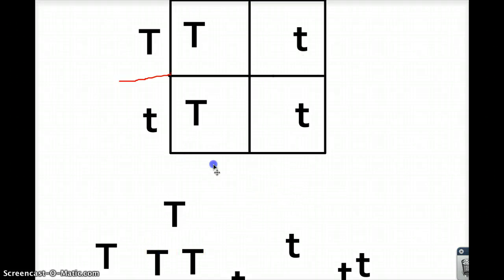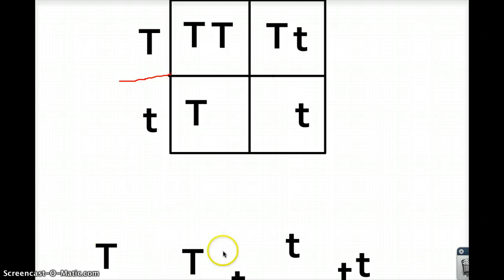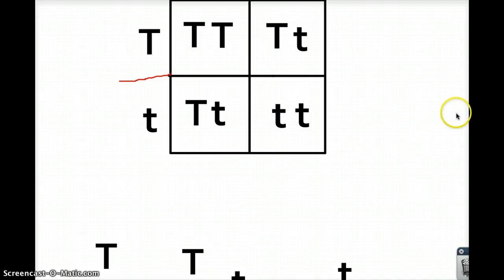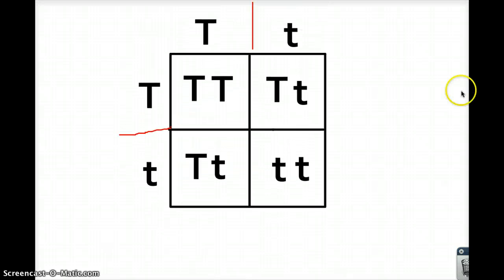And then I take the mother's alleles, or the female, and copy it across. Capital T, capital T. Lowercase t, lowercase t. And now I'm going to stop before we actually go ahead and do the analyzing part of this, so you can get yours copied in.